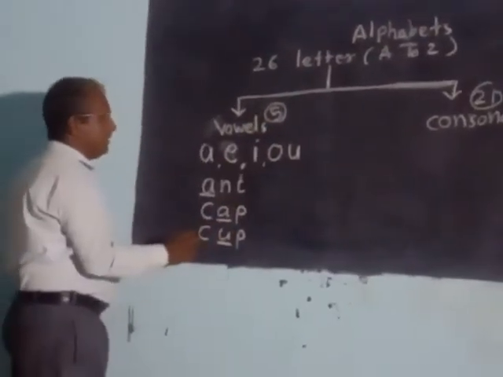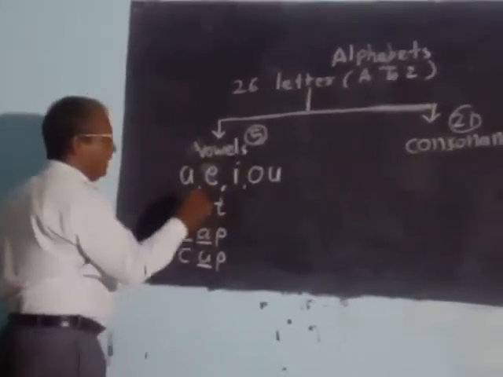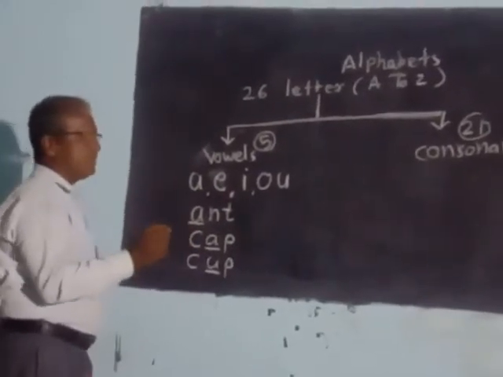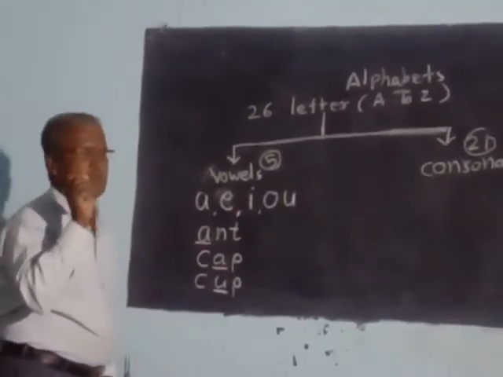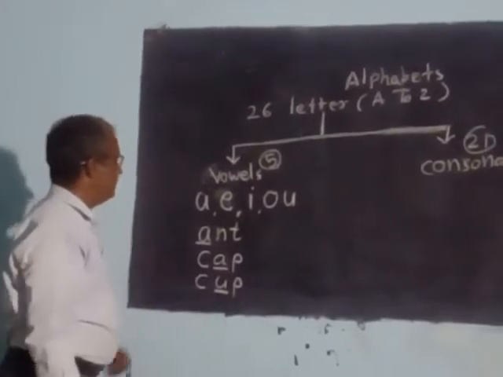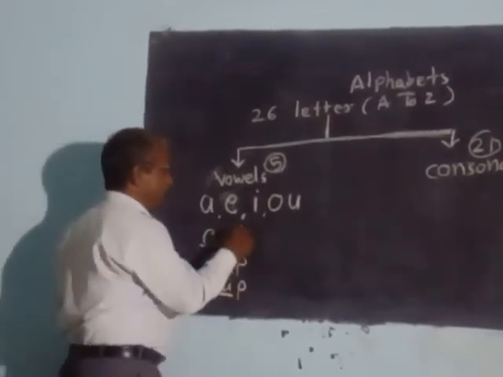In this way, any word has at least a single vowel, and then it is complete.